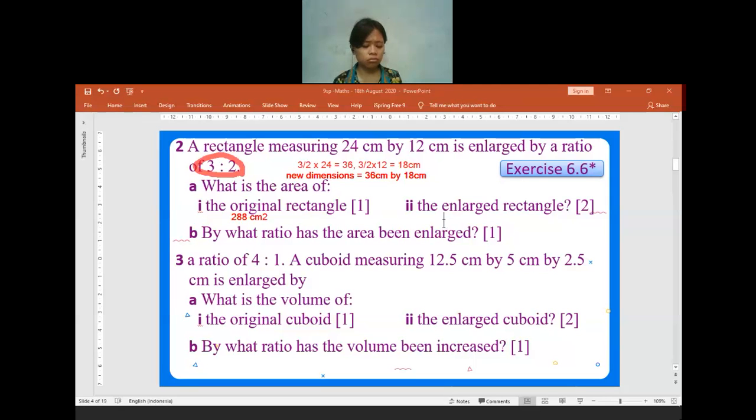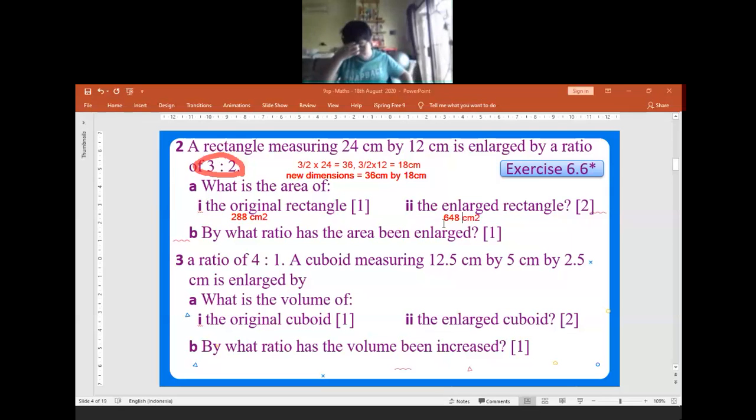I got a different answer. 648. My answer is 648. Is there anyone else who got a different answer? Is it 648 centimeter square? 648, teacher. Okay, agree.